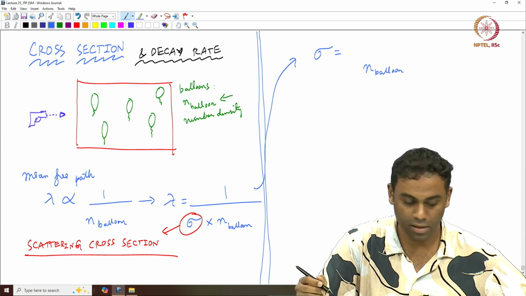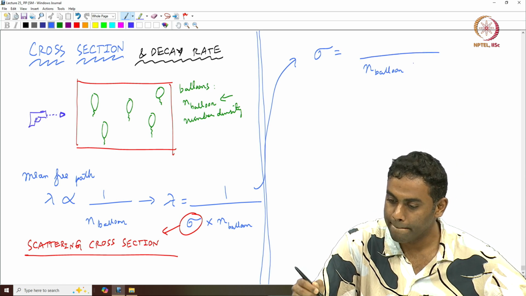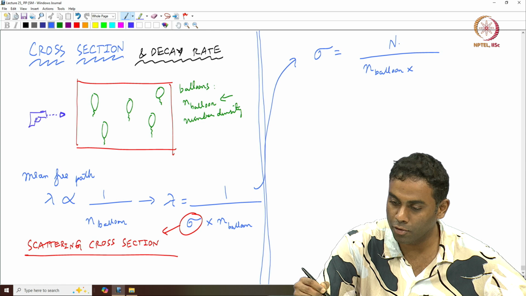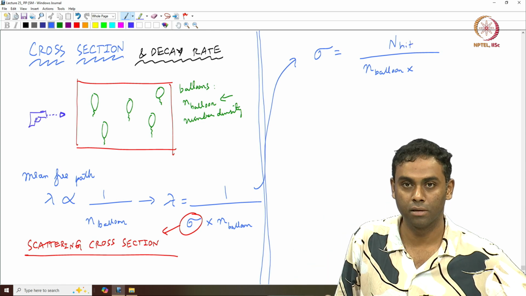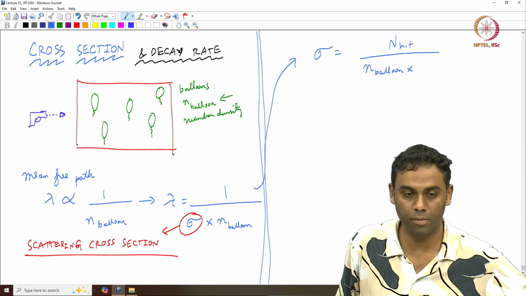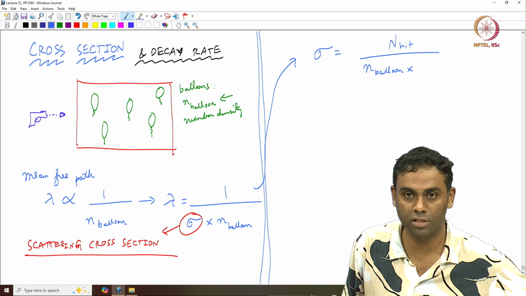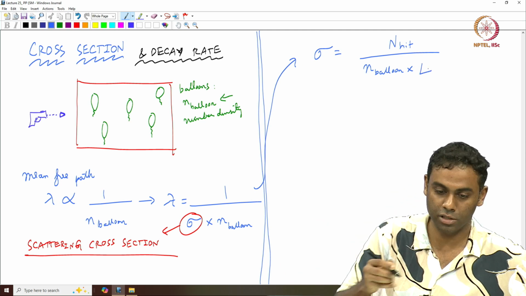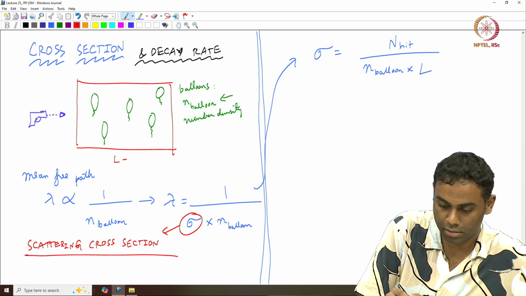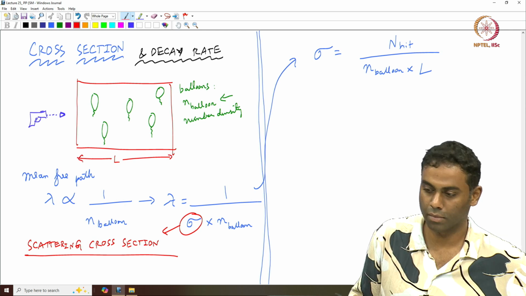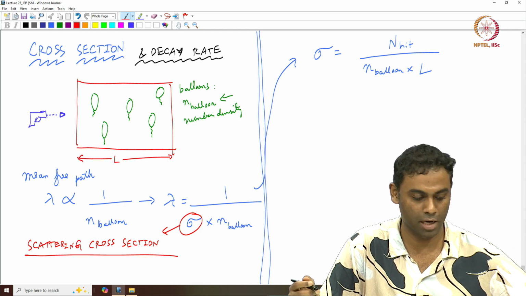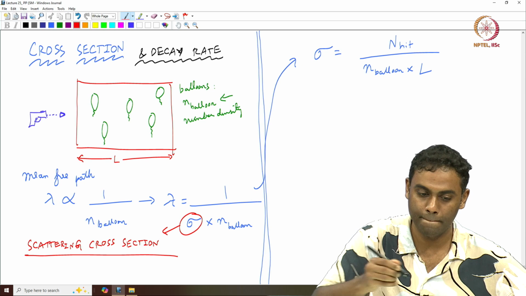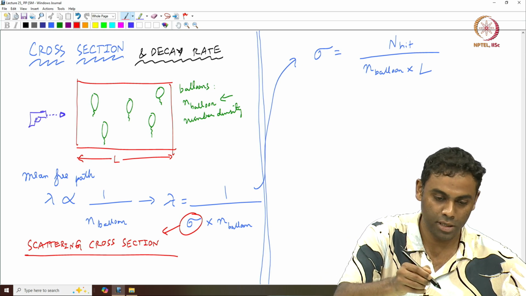The mean free path is nothing but what? It's nothing but the total number of hits as the bullet traverses the box, divided by the length of the box. So let's call this length L. That's a mean free path after all, right? So what does that mean?